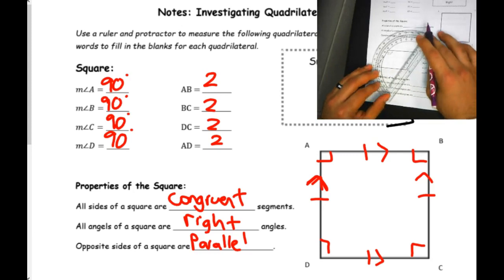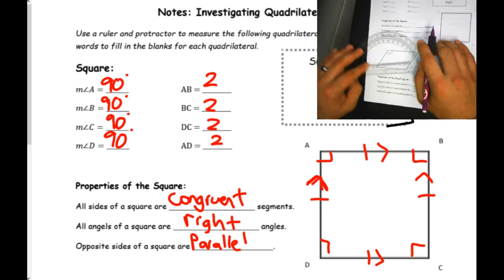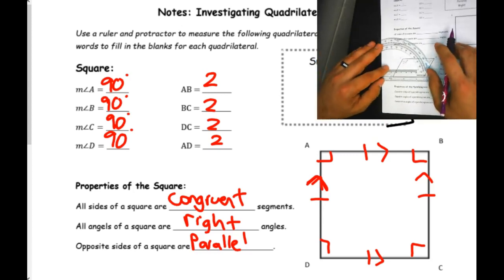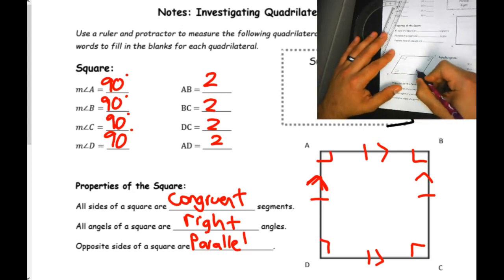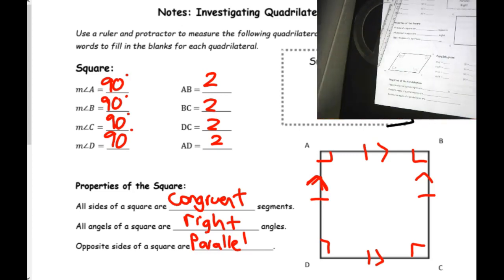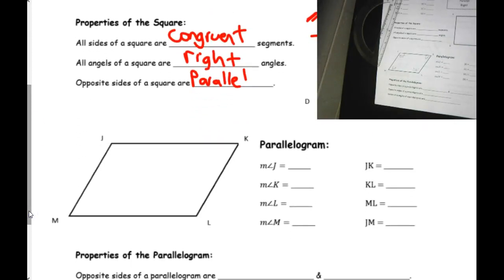And when I measure the other ones, angle L is also going to be 120, and angle M is also going to be 60. Okay, so we can write that down on parallelogram. So we had J was 120, K was 60, L is 120, M is 60, okay?